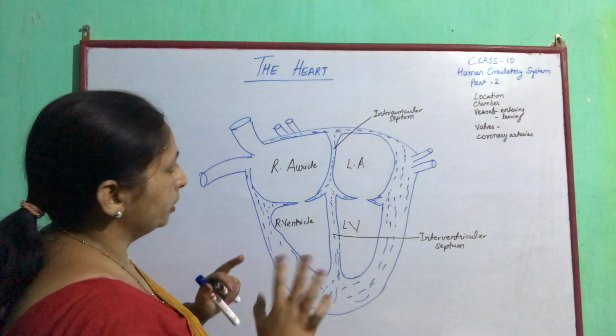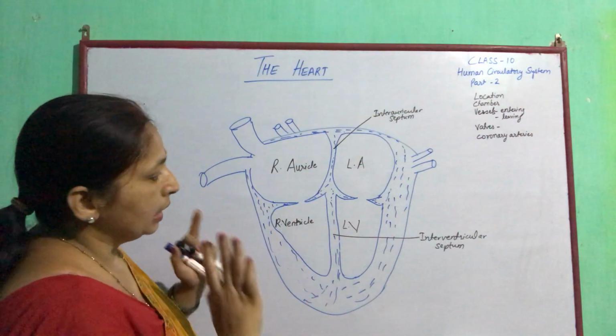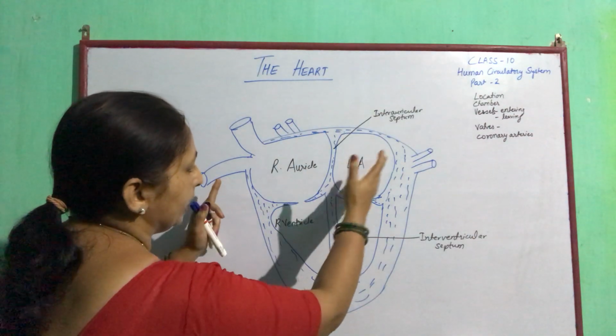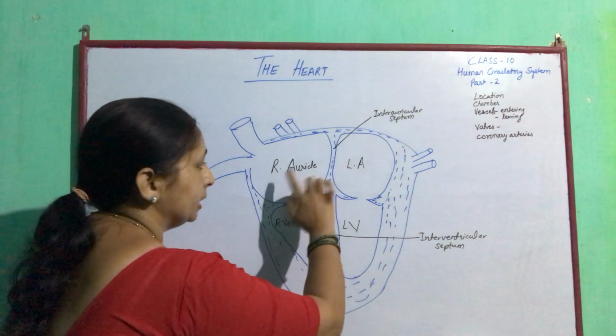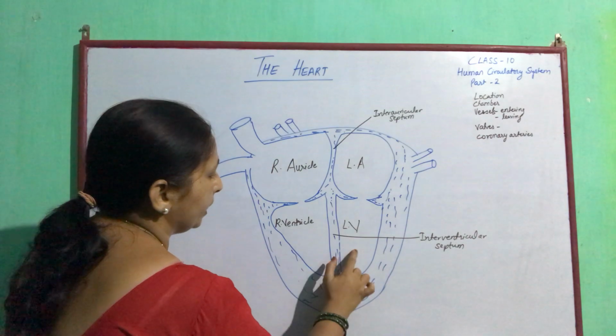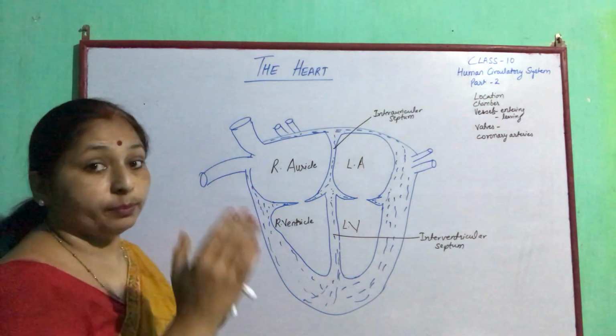Before the number of valves, because I have not made it completely, I want to make a clear basic structure of the heart: two chambers, interauricular septum, two ventricles, interventricular septum. Now, from where do they receive blood?